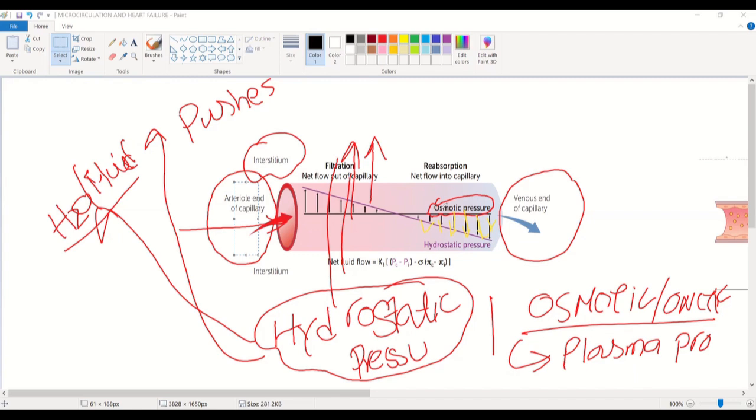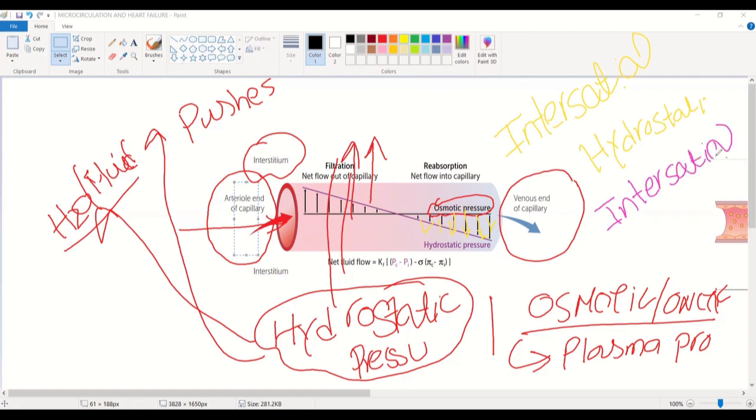So there are two other pressures that are not clinically so important. One is interstitial hydrostatic pressure, and another one is interstitial oncotic pressure, right?